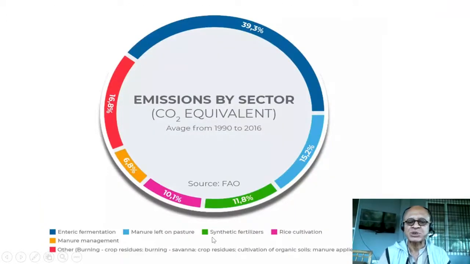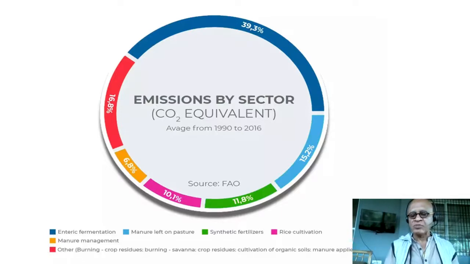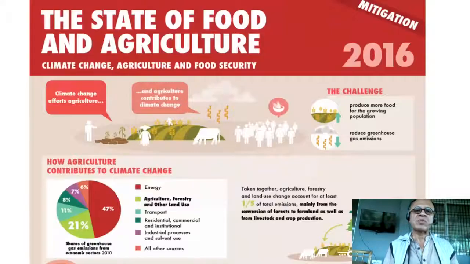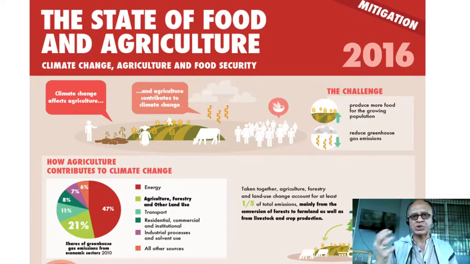Manure left on pasture, synthetic fertilizers, rice cultivation, manure management, and others such as burning crop residues, savannas, cultivation of organic soils, manure supplied to soils, and so on and so forth. The point being that agriculture is a major part of human impact on climate change through direct emissions and land use change, water use, and so on, fertilizer use, etc.